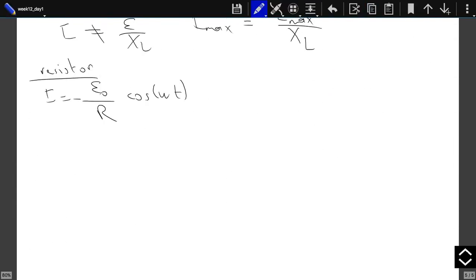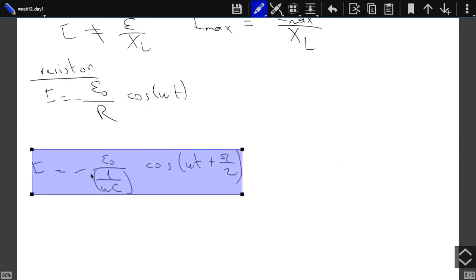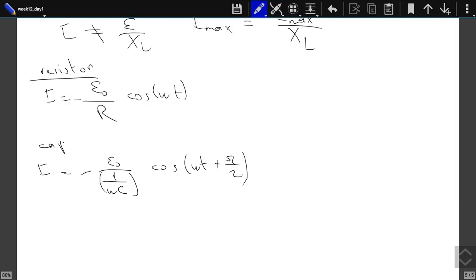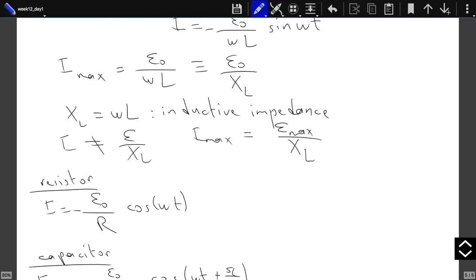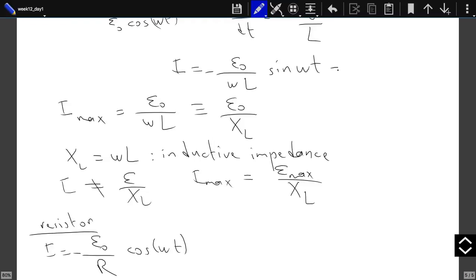This is for the capacitor. This is equal to minus epsilon 0 over XL times cosine of omega t minus pi over 2.